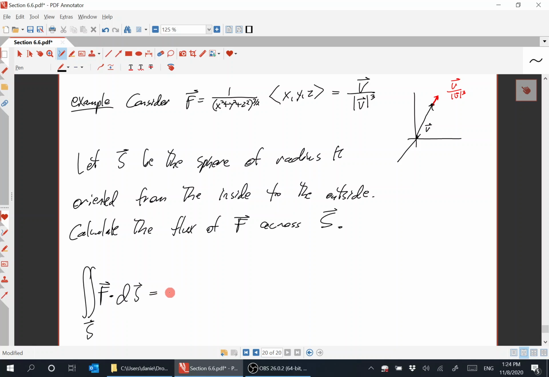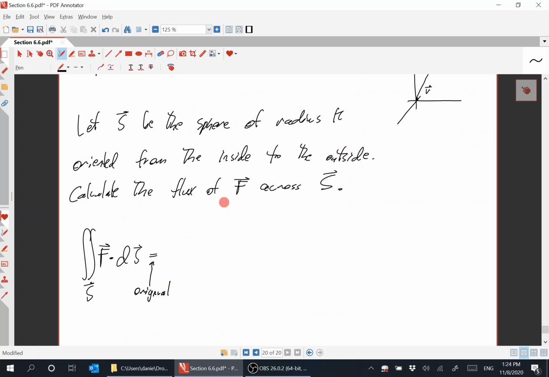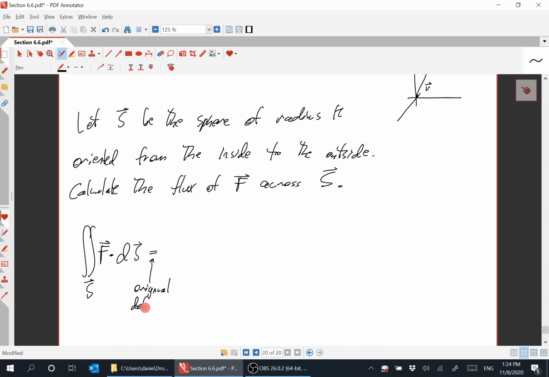Now remember, this by its very definition, the original definition, is the scalar surface integral of the vector field F dot the unit normal vector n dS.